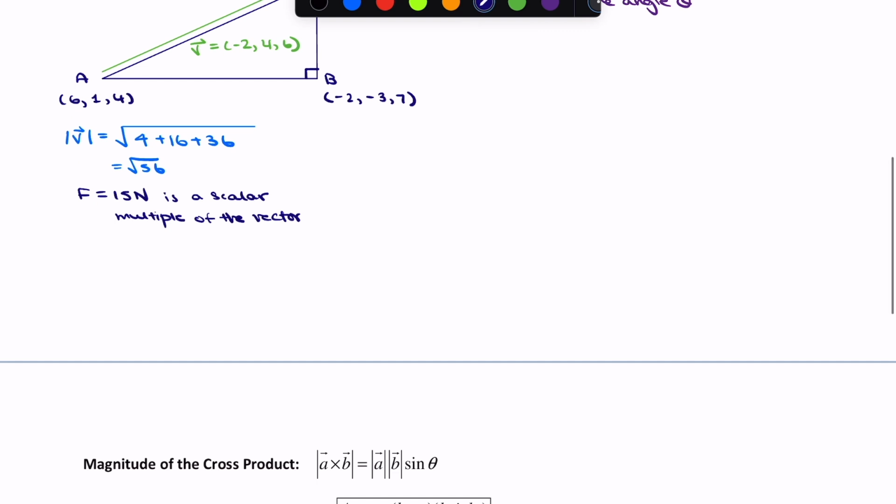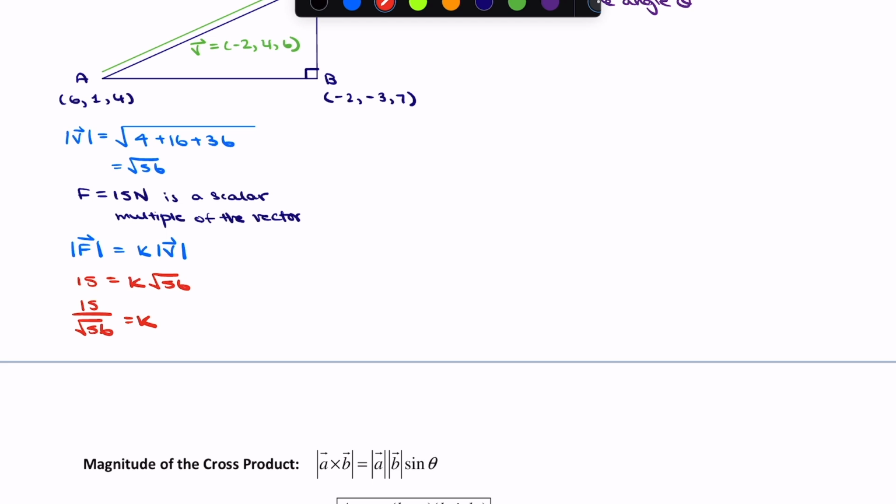So the magnitude of our force is equal to k times the magnitude of vector v. We know that 15 is equal to k times square root 56, and so 15 over square root 56 is equal to k.